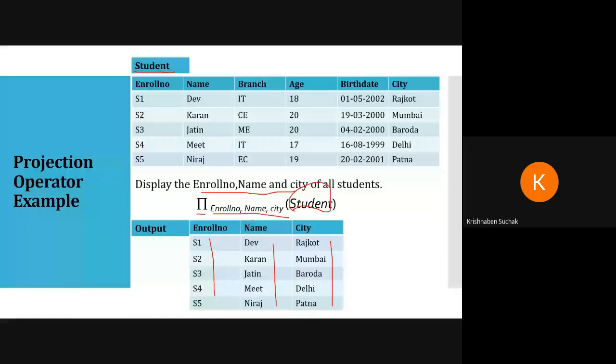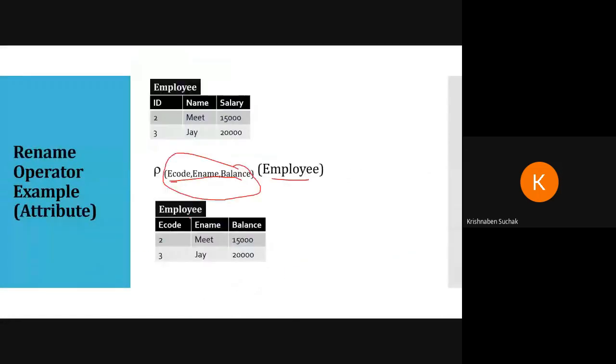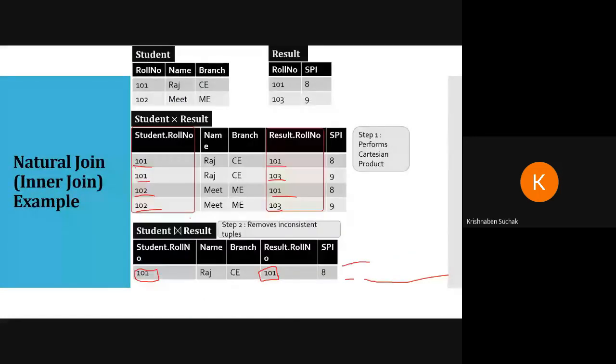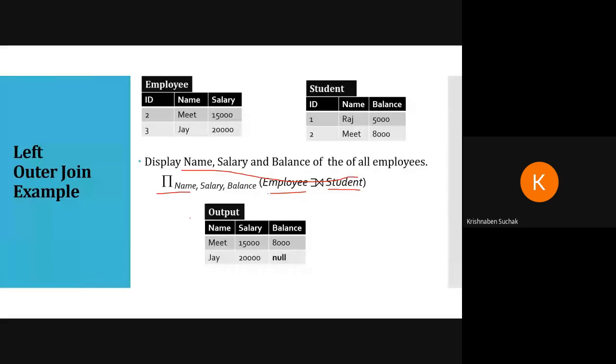So here we use pi. Pi is the symbol of the projection operator. Again, we want to display the name, salary, and balance of all employees, so I write pi, name, salary, and balance. These three things should be displayed for all employees.